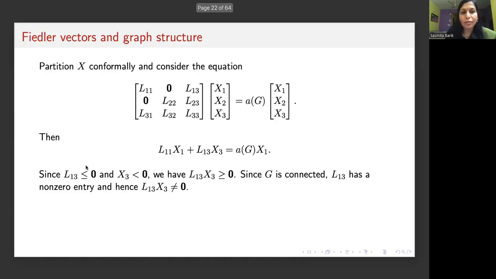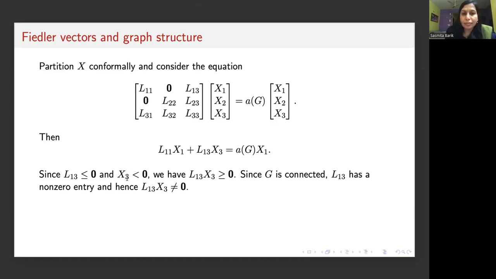Now here, as I told, L13 must be less than or equal to 0, because it's a matrix with entries less than or equal to 0. That's because here you will have some minus ones and zeros. So this is a non-positive matrix. I'm putting this symbol: L13 is less than or equal to 0, that means the entries are less than or equal to 0.